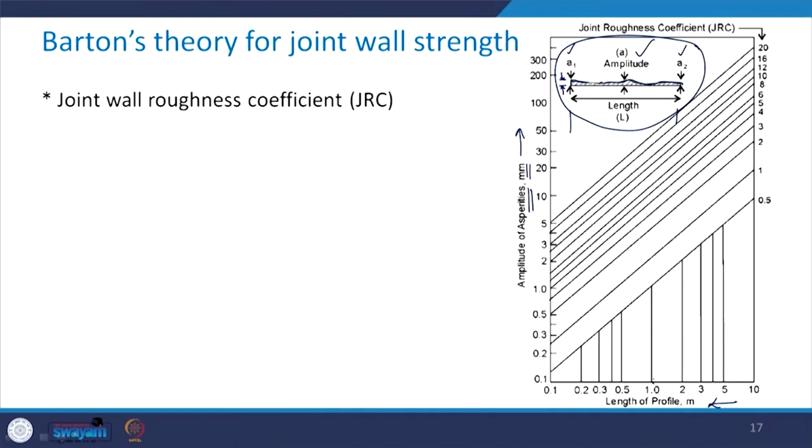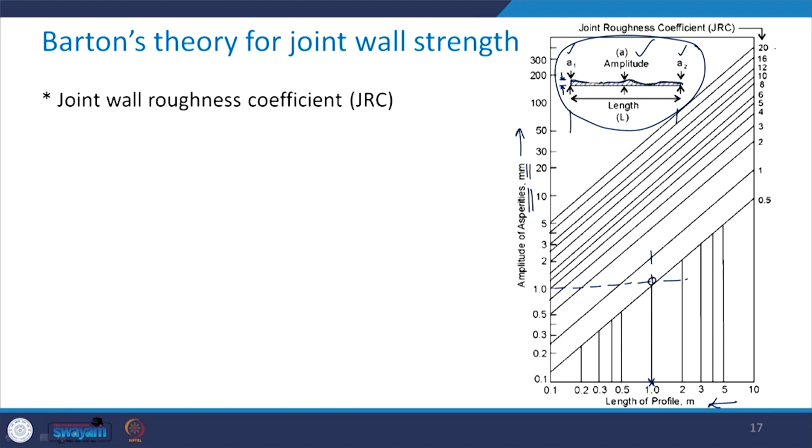Now, if the length of the profile is, let us say, 1 meter, and the amplitude of the asperities is say 1 millimeter, I will just take it like this and extend it. So, it intersects somewhere here.